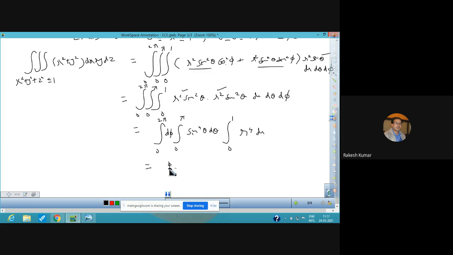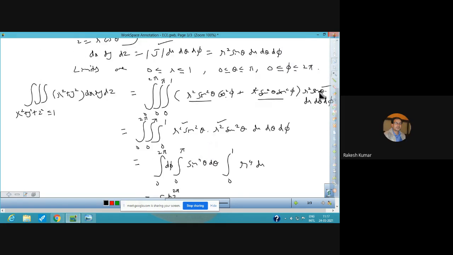This is phi, limits are 0 to 2 pi, and sine theta is there. Sorry, here sine theta is there, so no square will be there.